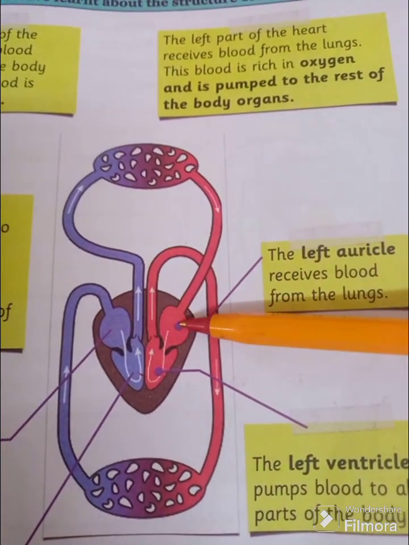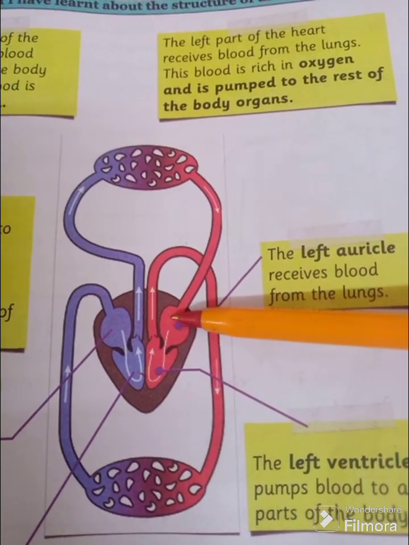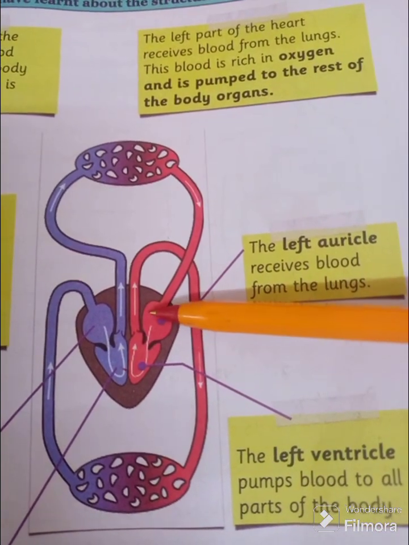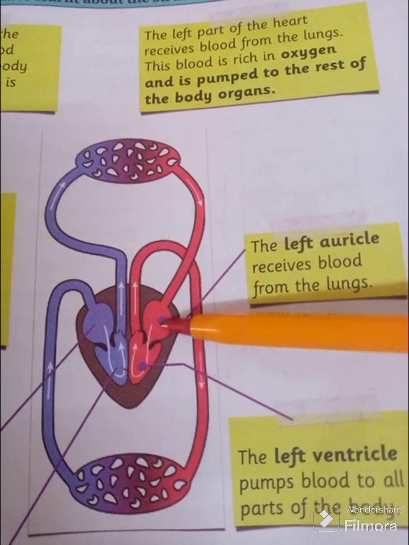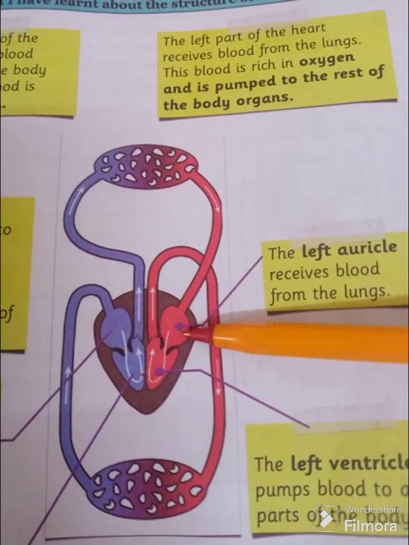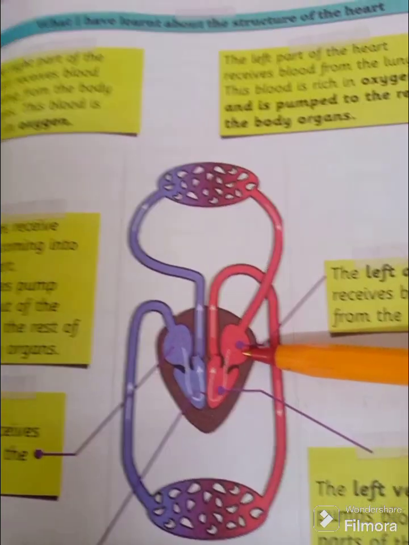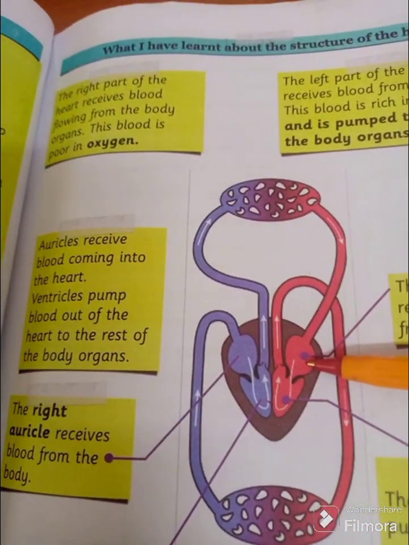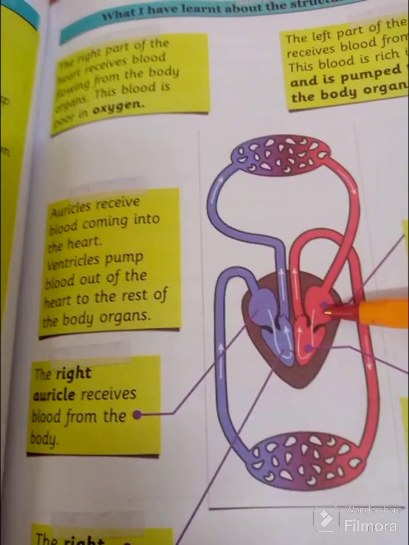And you can see the first chamber that will receive the poison is this one, which we call the left auricle.